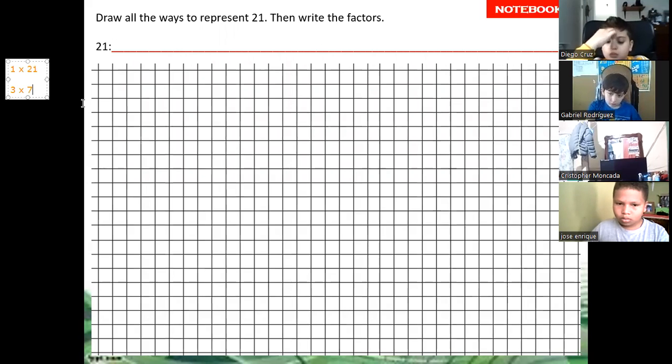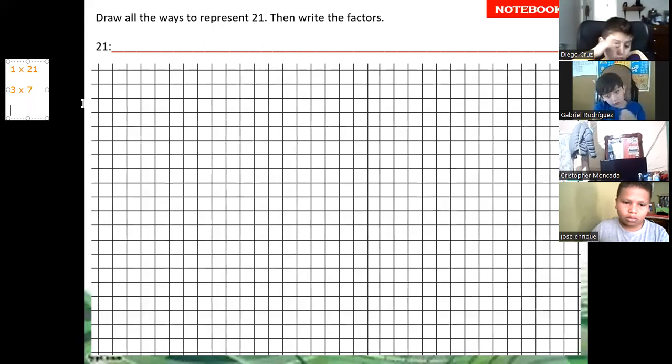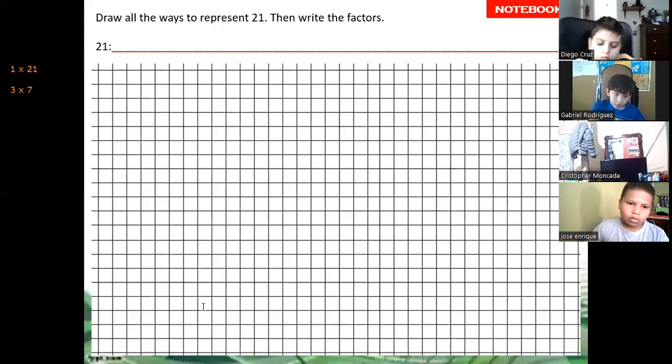Is there another combination of factors that equals 21? 2 times 10 is 20, no. 4 times 4 is 16, 4 times 5 is 20, no. 5, no. 6 times 3 is 18, 6 times 4 is 24. 7 times 3, yes. So these are the only pairs of factors that equal 21.